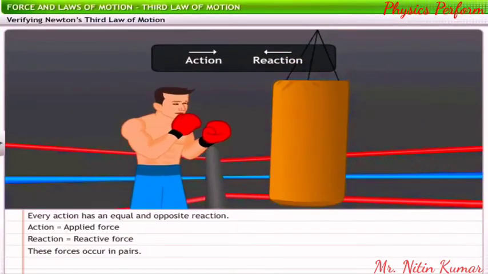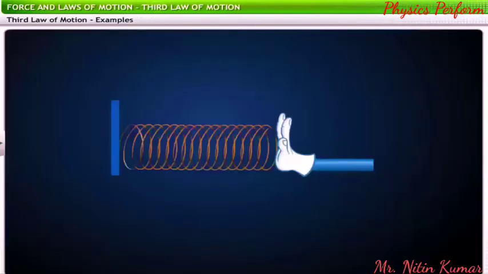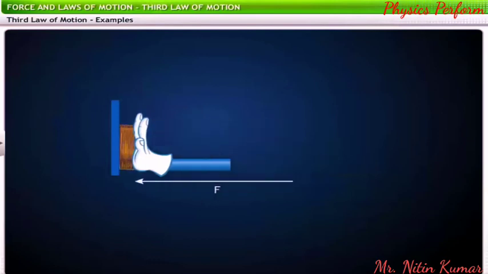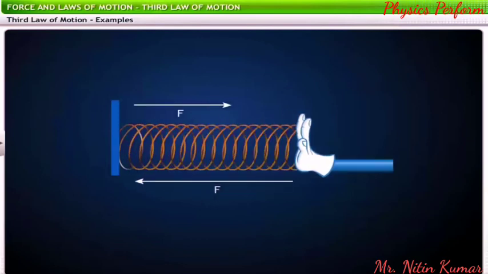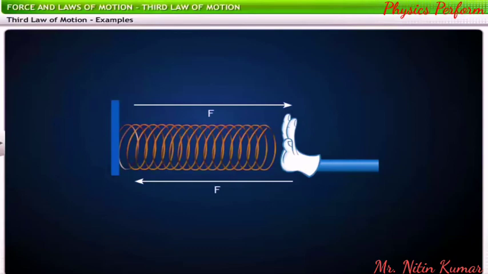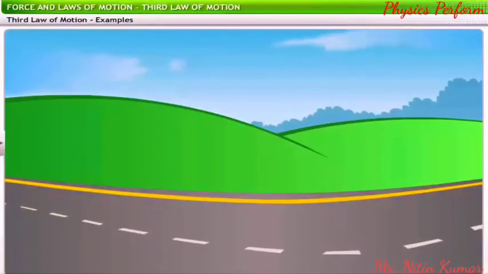Thus, force exerted by the boxer and the force with which the sandbag hits back form a pair. Let's examine some other situations where this law can be observed. If you push a spring fixed to a metal block with a force F, the spring pushes against your hand with same magnitude of force, that is, F.